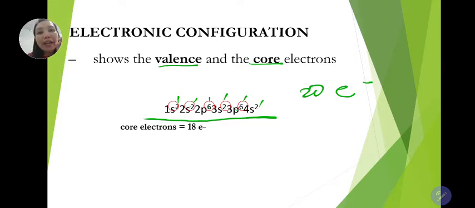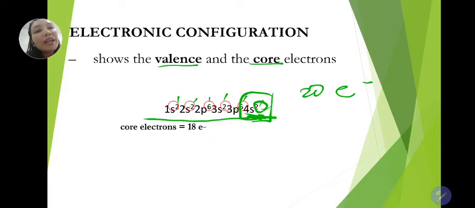But our core electrons are those electrons other than the valence electrons. So, ito yung pinaka-highest energy level natin, yung 4s2. Our highest energy level is 4s with 2 electrons on the outermost shell.